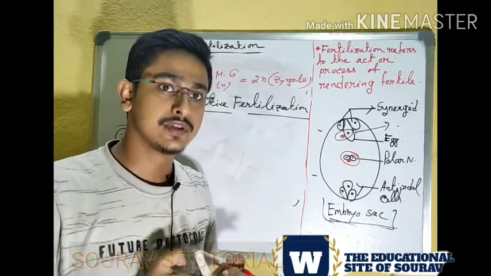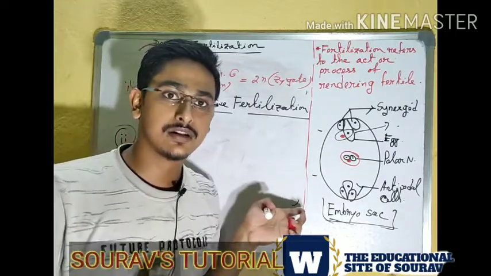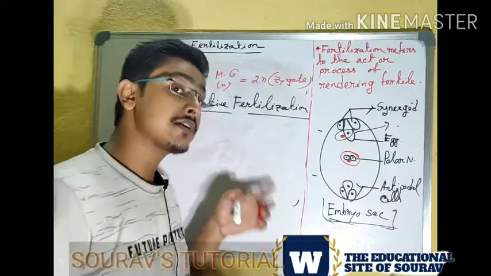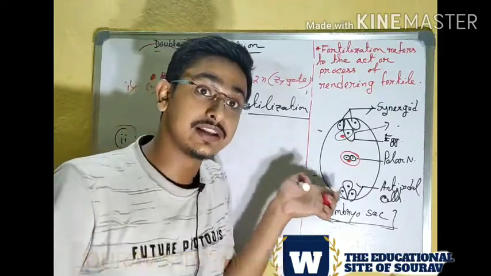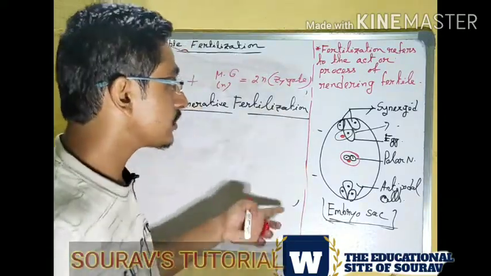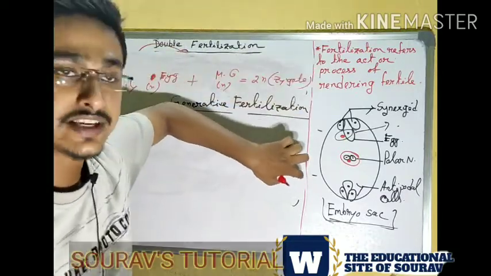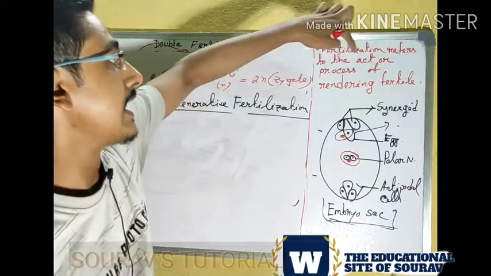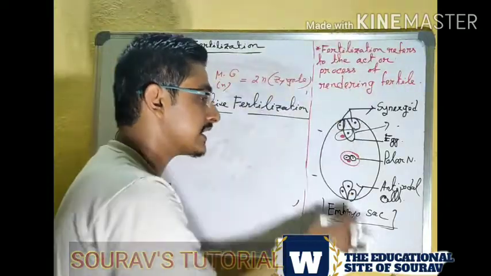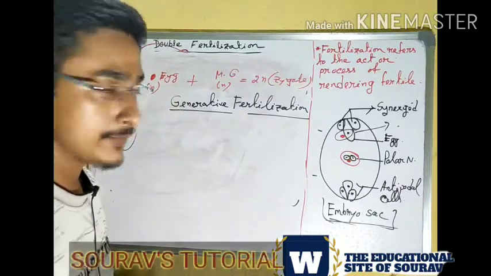If they were inactive, then we could call them infertile. But they are active, they are fused with each other. That means they are fertile and showing their fertility power. So this is the total process, and in this process this is one step and this is a second step. That's why fertilization refers to the act or process of rendering fertile. I think that will be appropriate.